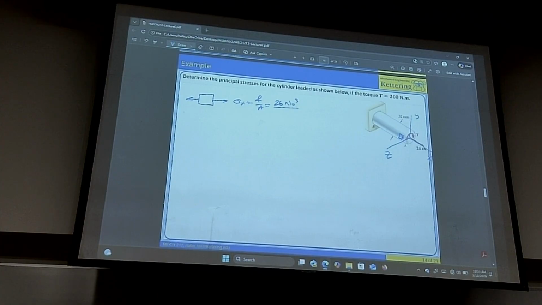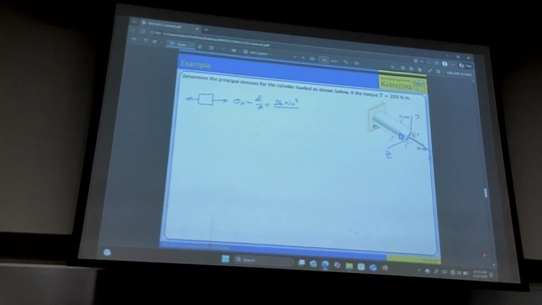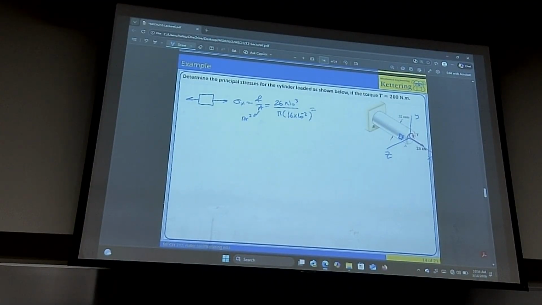Pi d squared over 4, or pi r squared. Oh, pi r squared. So it's 16. So sigma x is 2.5 megapascal. Oh, I'm sorry, it's not this, it's probably the previous one. 32.33.